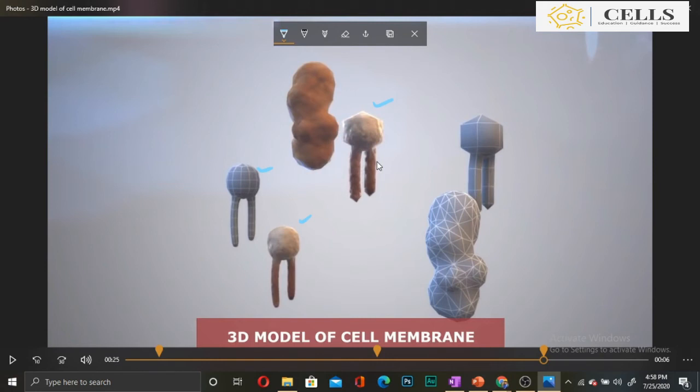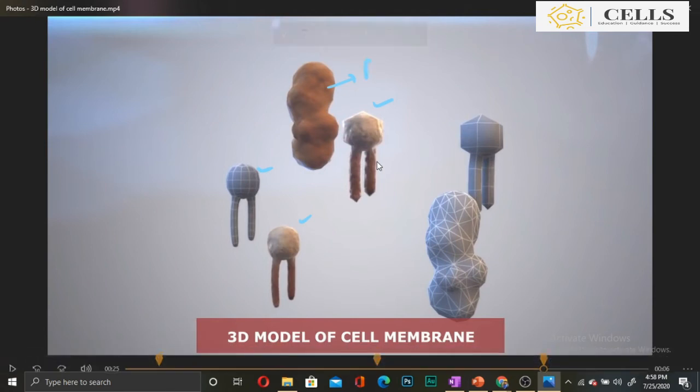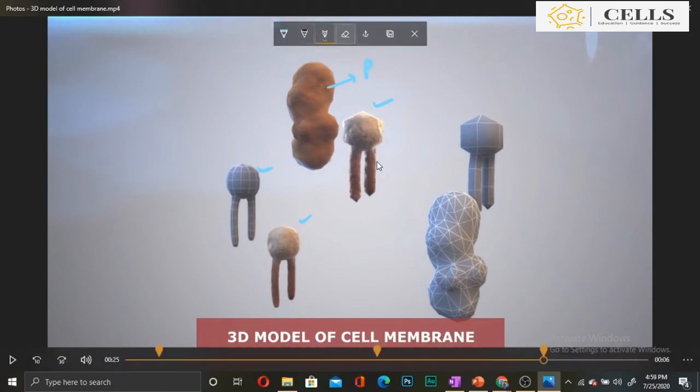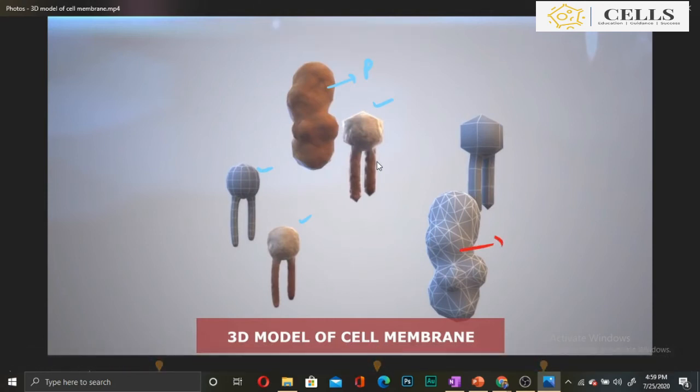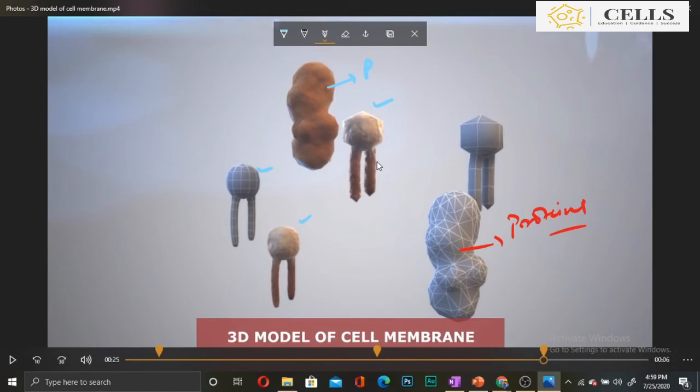That's why we are representing it in that format, with the number high on the exoplasmic phase. That is the main concept. These are different kinds of phospholipids, and these are the different kinds of membranous proteins present in the membrane. So this is a 3D representation of the membrane.